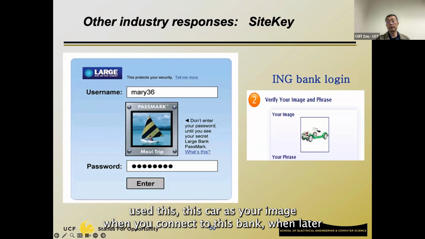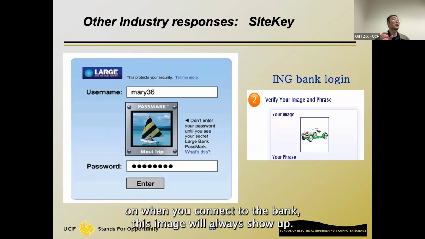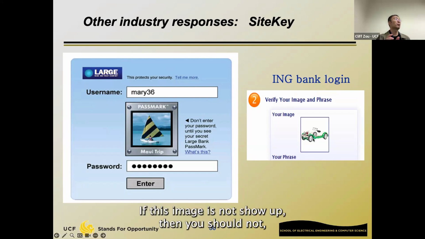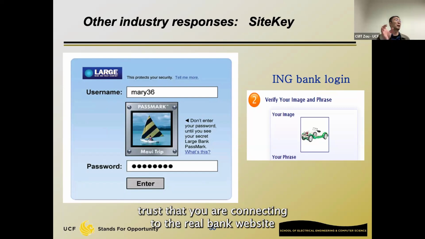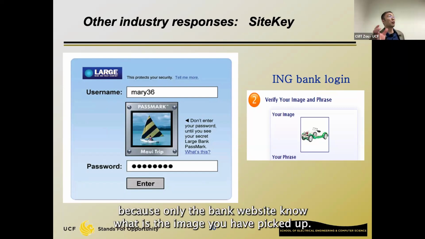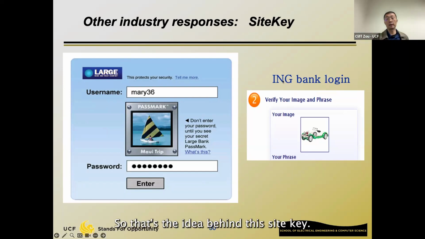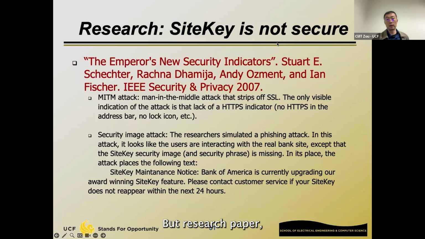If you have used this car as your image when you connect to this bank, later on when you connect to the bank, this image should always show up. If this image does not show up, then you should not trust that you are connecting to the real bank website, because only the bank website knows what image you have picked. So that's the idea behind this site key.